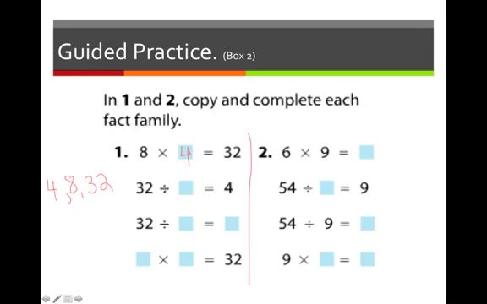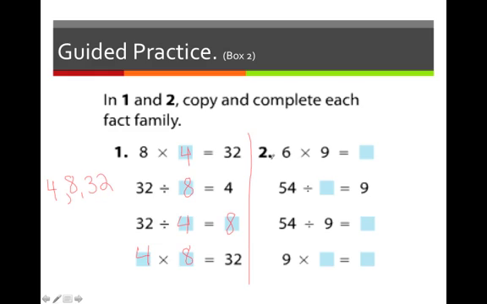And 32 divided by 8 equals 4. 32 divided by 4 equals, what's the last digit? 8. That completes the family, the three numbers we need. And lastly, 4 times 8 equals 32.